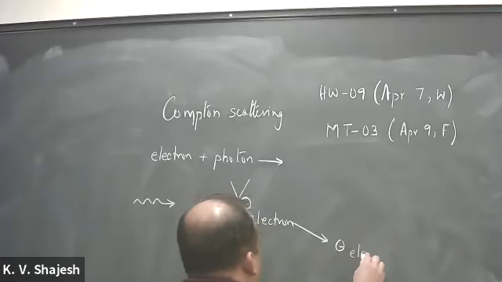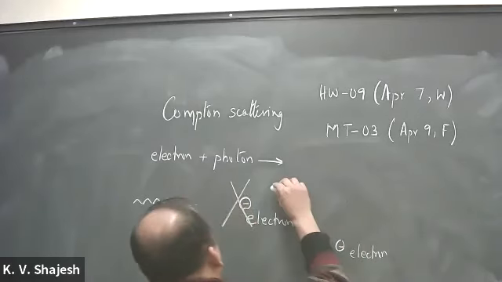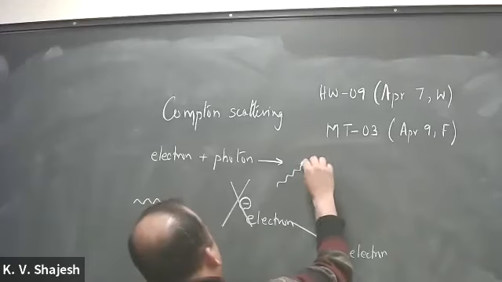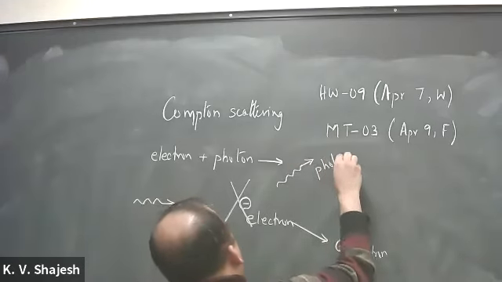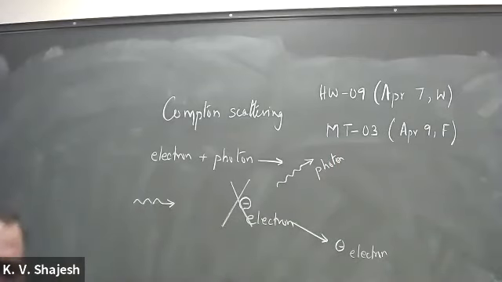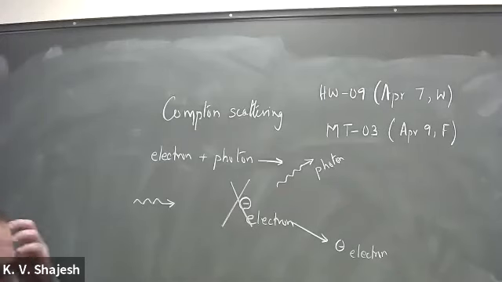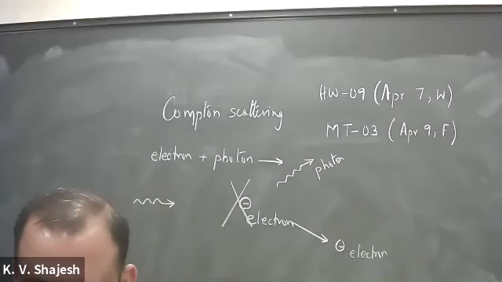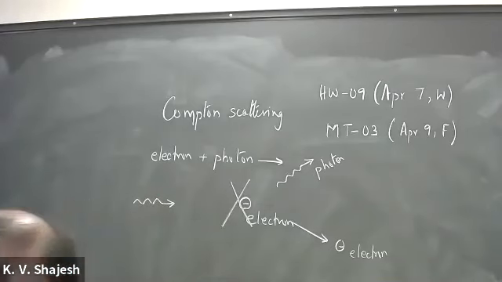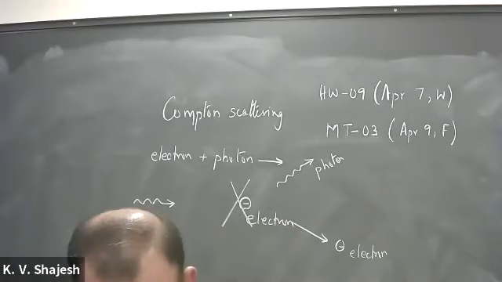That's the electron after collision, and the photon could go in another direction. That's the photon after collision. And that's a perfect elastic collision. The idea was just to point out that perfect elastic collisions are rare around us in macroscopic systems.